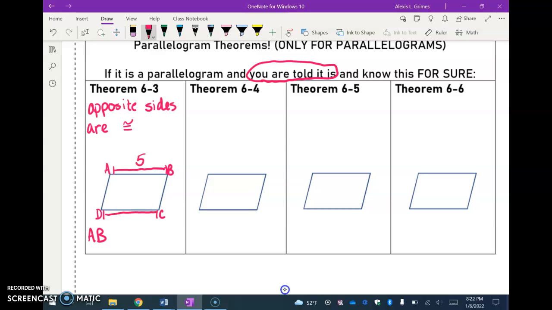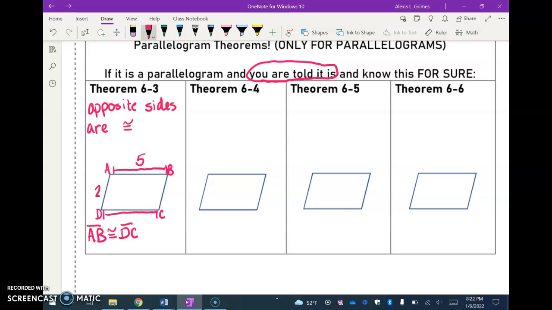Think of a rectangle. The top and bottom of a rectangle are equal. We're just making it lopsided. So AB is congruent to DC or CD, however you want to write that. AB is congruent to DC. Remember, these symbols above it mean segments. We can do the same thing with the sides here.